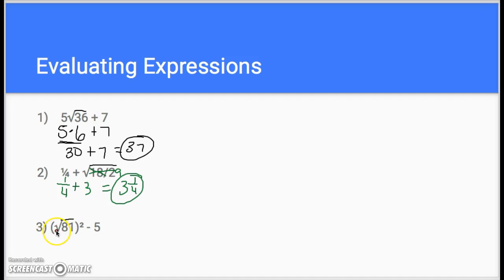So these basically cancel each other out. Because if you think about it, the square root of 81 is 9. And then when you do 9 squared, you get 81 back. So those two basically cancel each other out. So we're left with 81 minus 5, which is 76. And that would be your answer for that one.